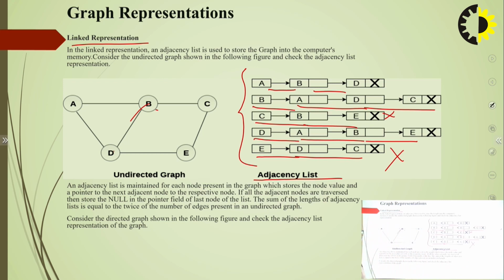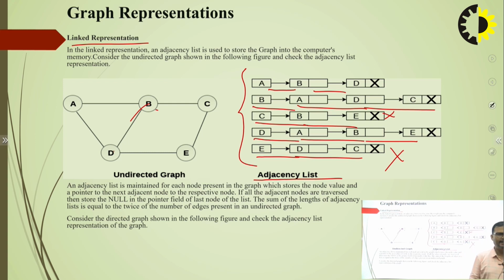Okay. So here we can consider the linked list representation, and the adjacency list is used to store the graph in computer memory. Consider the undirected graph shown in the following figure and check the adjacency list representation.